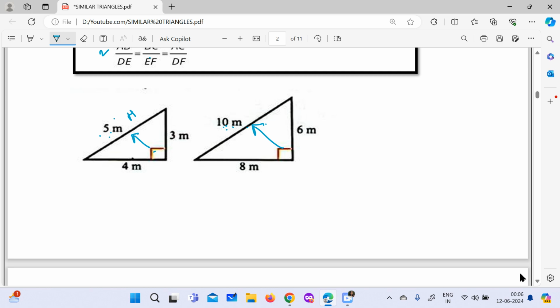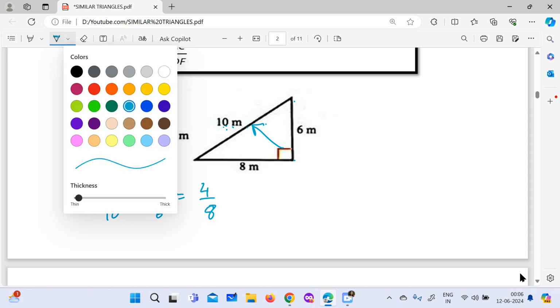So I will write the ratios: 5 over 10, which is equal to 3 over 6. So this is the perpendicular length, right? And this is also the perpendicular length. So I will write 3 over 6. Now I will write the adjacent length or the base, that is 4 over 8.